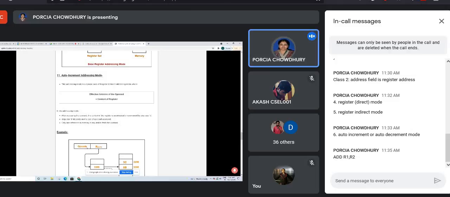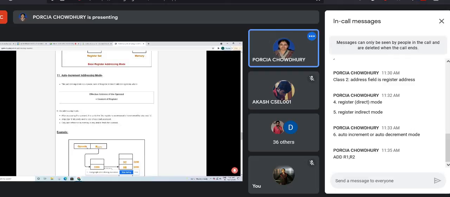So in case of auto increment mode, whatever you have in the register will be automatically incremented by 1. Okay, and in case of auto decrement addressing mode, the value in the register will be decremented by 1. Okay, that is your auto increment and auto decrement addressing mode.